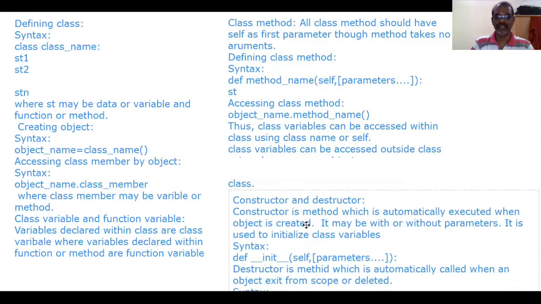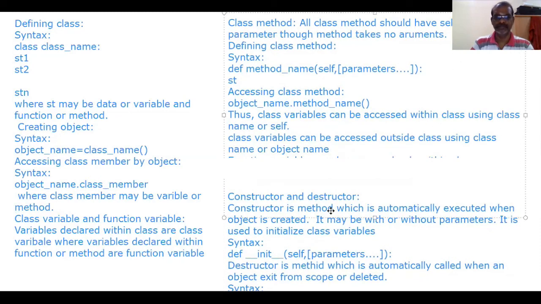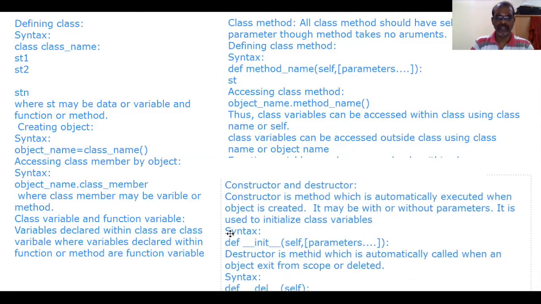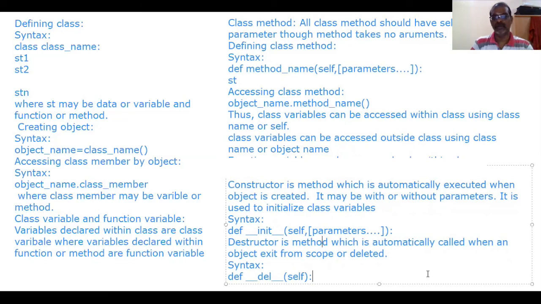Then we studied constructor and destructor. Constructor is a method which is automatically executed when an object is created. Constructor may be with or without parameters. It is normally used to initialize class variables. Destructor is also a method which is automatically called when an object exits, that means is deleted.